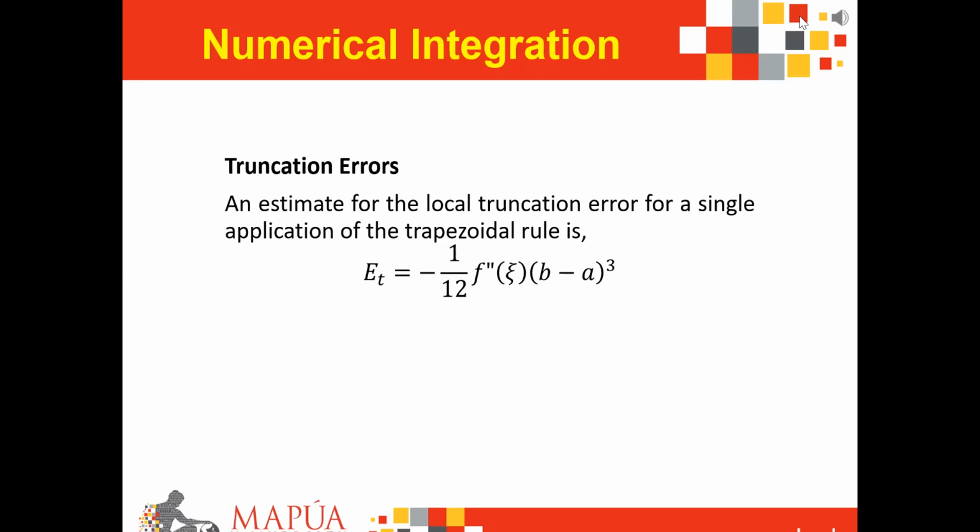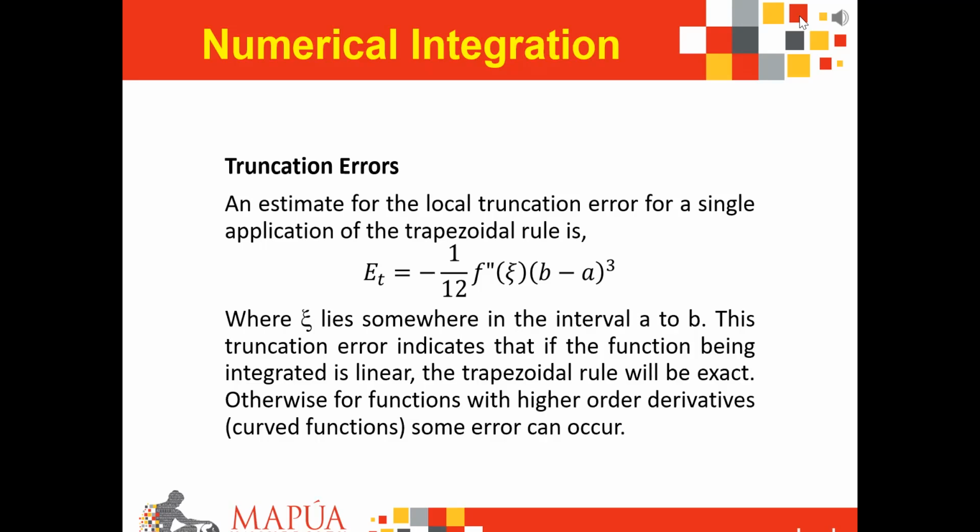However, truncation error occurs if your given function turns out to be curved, either trigonometric, exponential, or even a polynomial of higher order than 1, then definitely there would be some sort of truncation error. And this particular formula was derived using the Taylor series expansion. This particular error lies somewhere in the interval a to b.